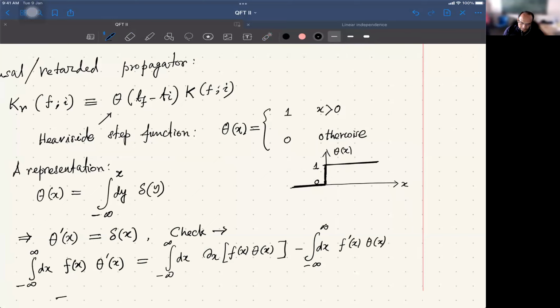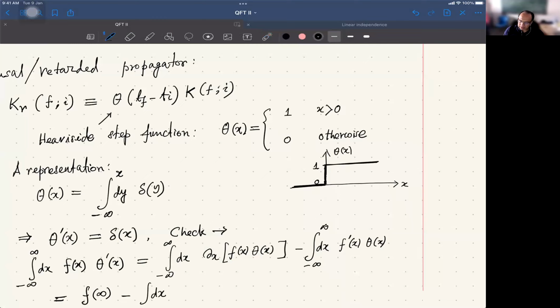This first term, since it's a total derivative, goes to the boundary. So it becomes f of infinity theta at infinity, which is 1, minus f of minus infinity theta at minus infinity, which is 0. So the result is f of infinity minus the second integral.